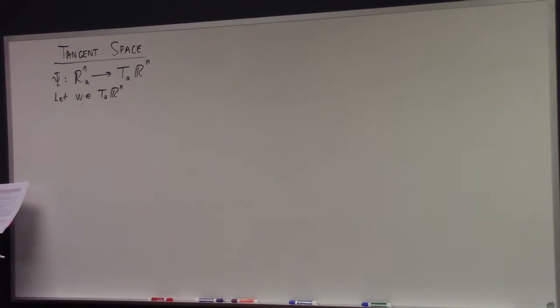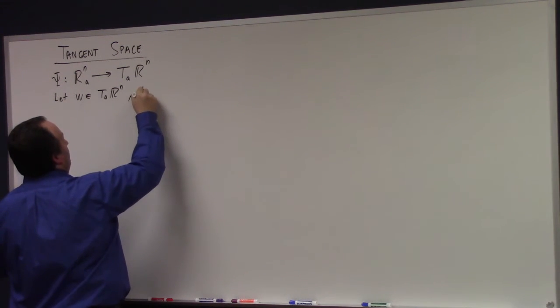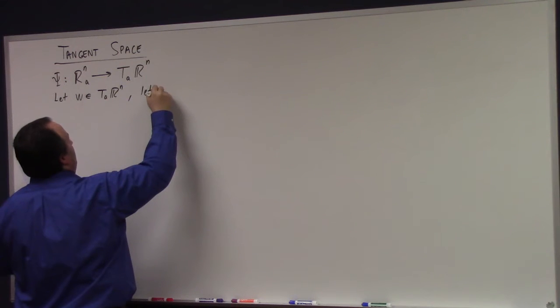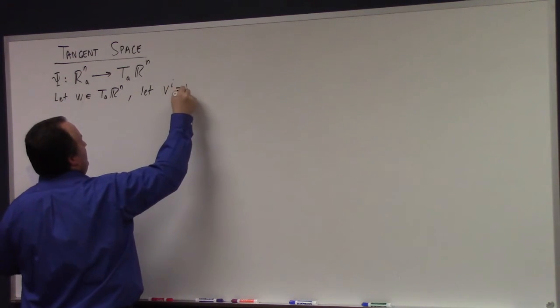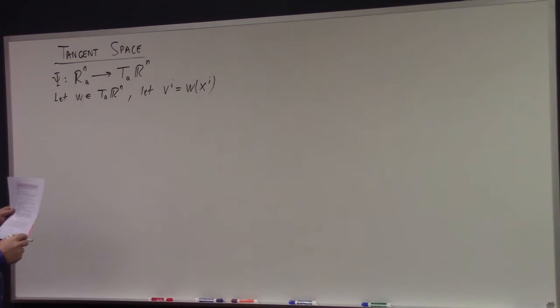Let VI equal W acting on XI, right? That makes sense because W is a derivation. It can act on the coordinate functions. There you go.